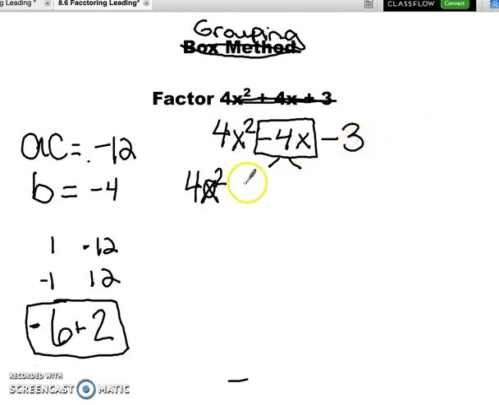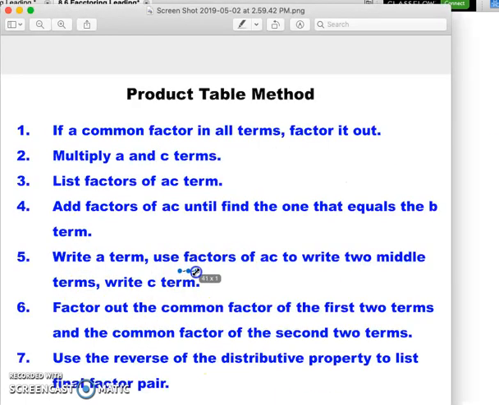So I'm going to write plus 2x first, minus 6x next, and then minus 3. So again, the 2 here has something in common with this term, the 4. So they have some factors in common. Okay, so I rewrote to use the factors of the AC to write two middle terms, and then you're going to write the C term.